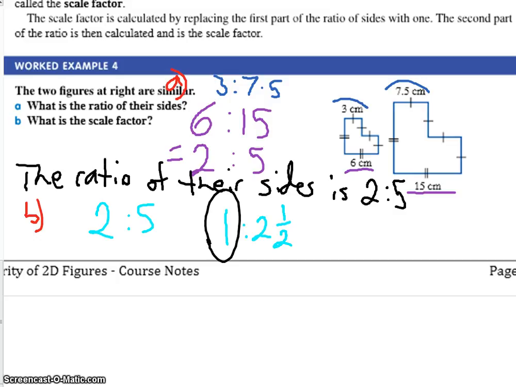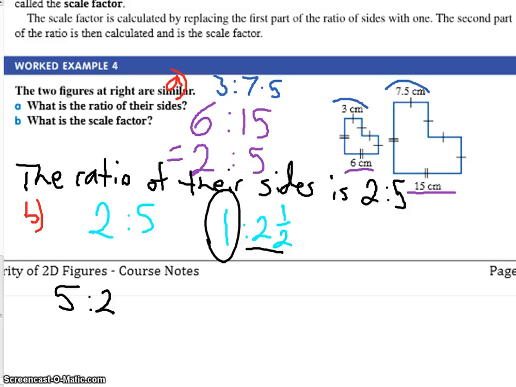Every 2 centimetre thing is now 5 centimetres, so you've enlarged it 2.5 times. If it was the other way around, if it was 5 to 2, everything that was 5 centimetres is now 2 centimetres. So you've reduced it 2.5 times. Make sense? So your conclusion is the scale factor.